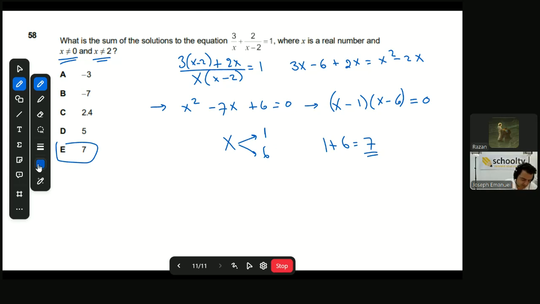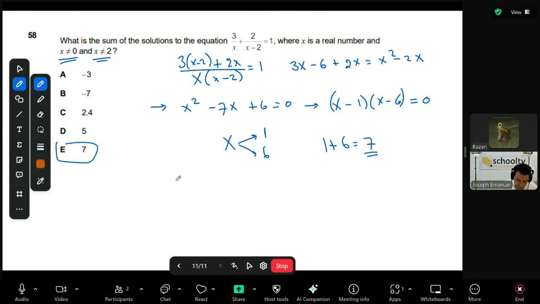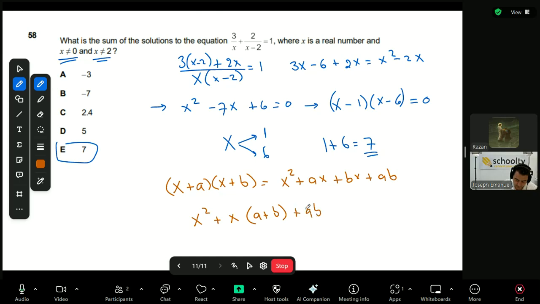By the way, let's remember that x plus a multiplied by x plus b, yeah. So you have like x square plus ax plus bx plus ab, which is x square plus x(a plus b) plus ab.